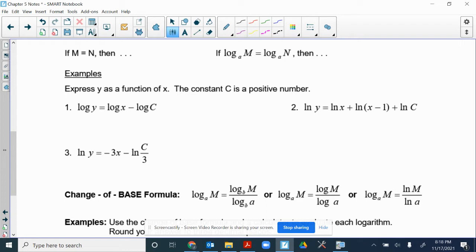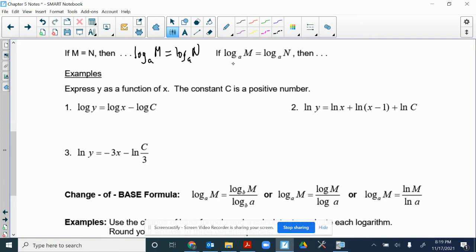property / formula. And so, yeah. First thing is we're going to look at one of the properties we've talked about a little bit. We didn't use it too much, but we're going to use it a little bit today, which is if m equals n, then log base a of m equals log base a of n.